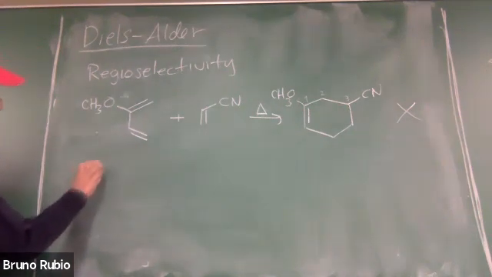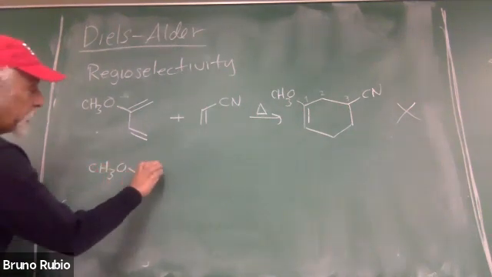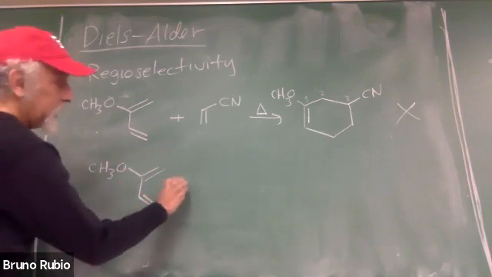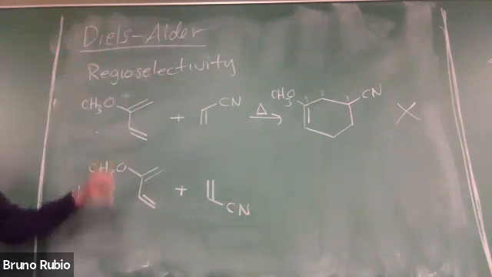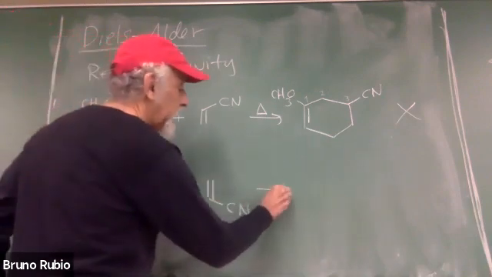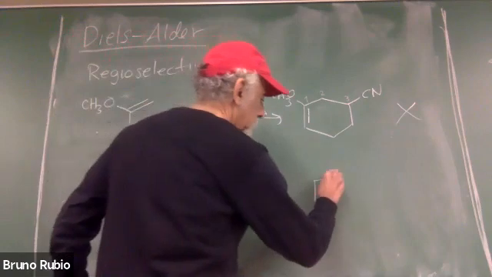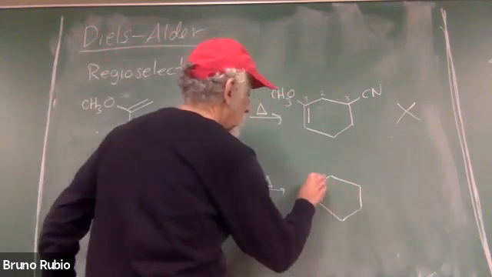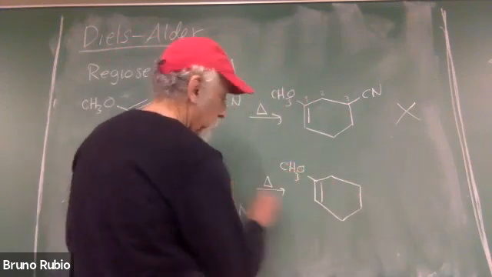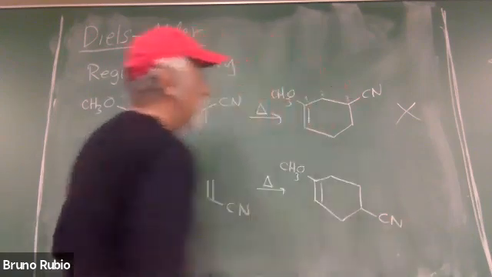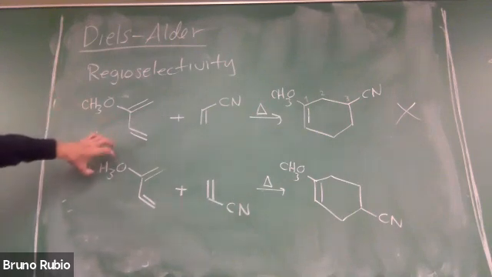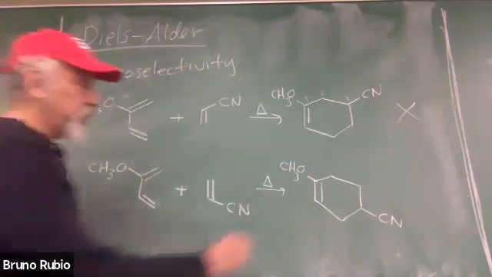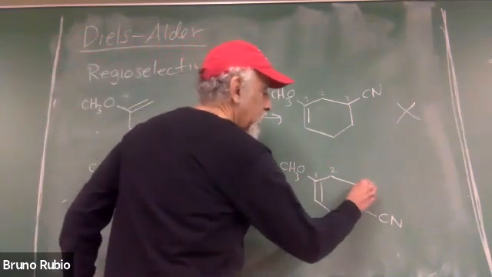All right, so how about we imagine taking this dienophile and this time flipping it. Heat. And so the way I've drawn it here, we see that the pre-existing electron withdrawing group and the pre-existing electron donating group with this orientation come out 1, 4.